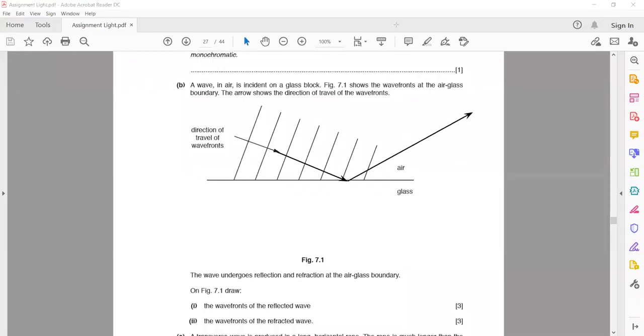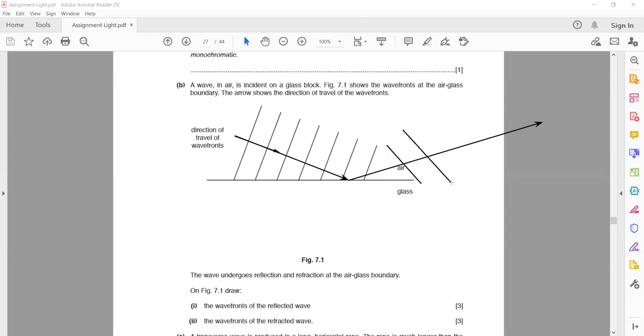This is the direction in which the wave will bounce back. This is reflection, and to show the reflected wavefronts, we just draw wavefronts perpendicular or 90° to the direction of the wave.